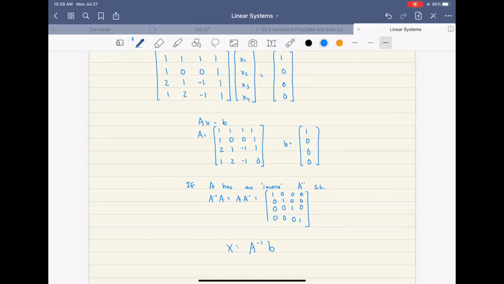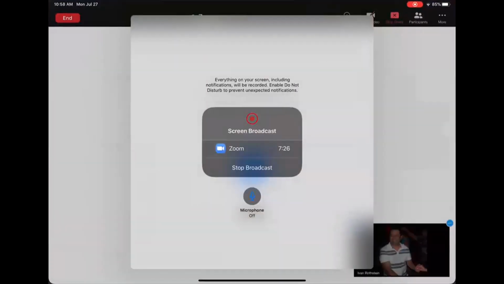Now we're going to do that using a computer algebra tool, an online tool. So let me go to a new screen. Now I'm going to share my other screen.